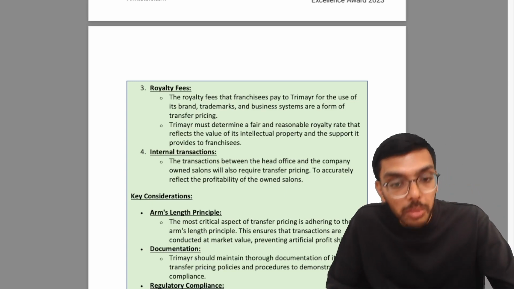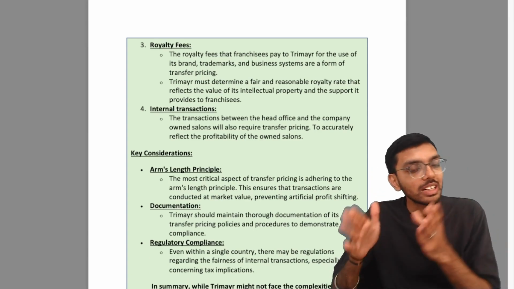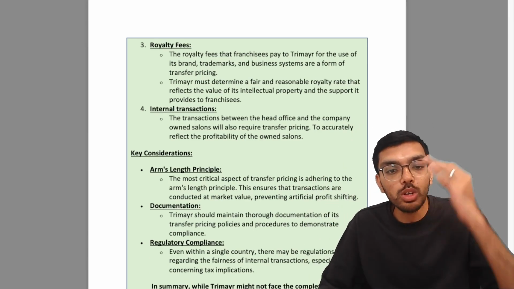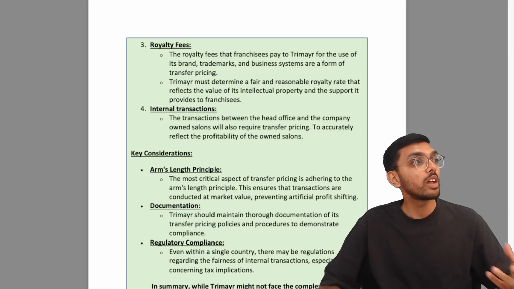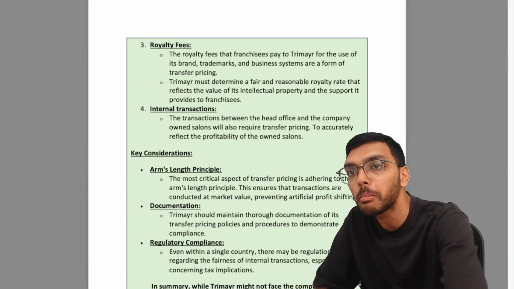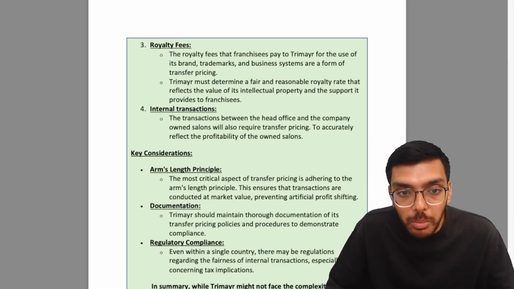So in summary, while Trimayr might not face the complexities of international transfer pricing yet, it still needs to consider the principles of fair pricing, because tomorrow they might tell you that we are expanding to X country and we are going to supply it with services, supply it with goods. What will be the transfer price?